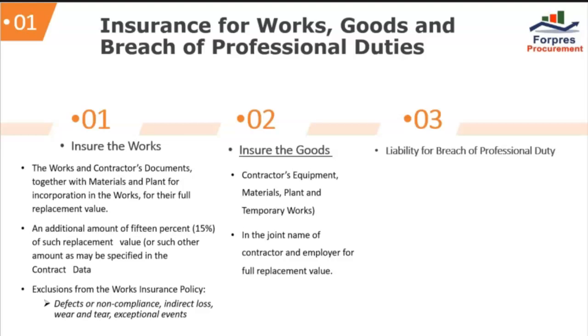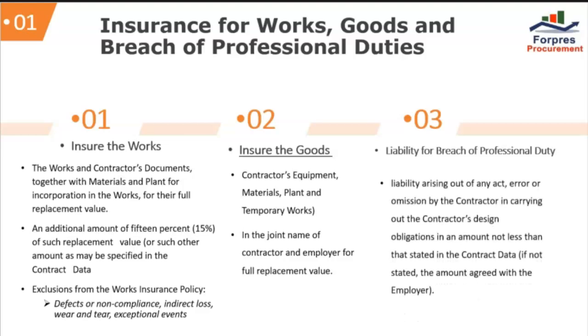Liability for breach of professional duty. Only if the contractor is responsible for the design of parts of the works, this covers the contractor's liability arising out of any act, error, or omission by the contractor in carrying out the contractor's design obligations in an amount not less than that stated in the contract data, if not stated, the amount agreed with the employer.